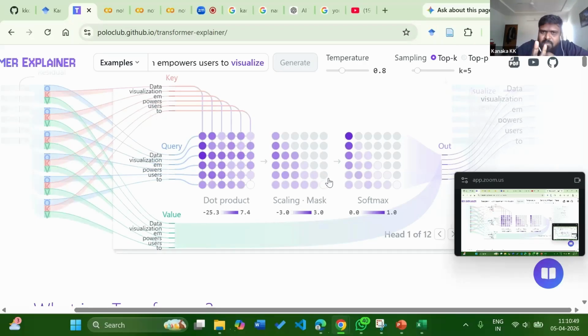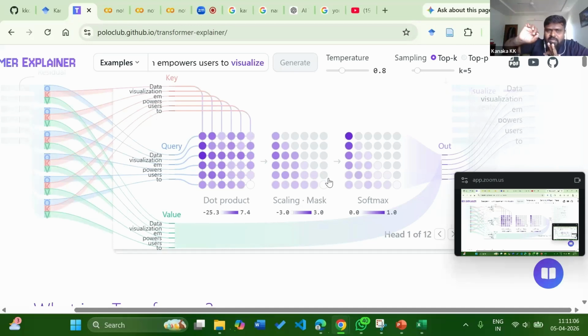So simply remember two things: masking is done for two reasons. One is to reduce the computational space, and the other is to avoid the model learning from the future tokens.